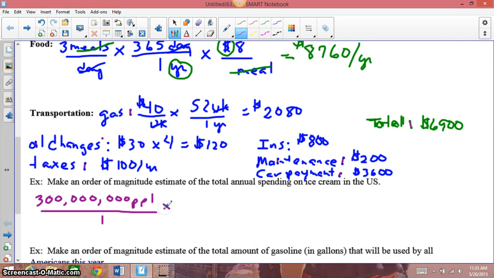And then if they don't even have, some people obviously have more, some people don't have that many. So let's say that they end up with about 50 servings per year.